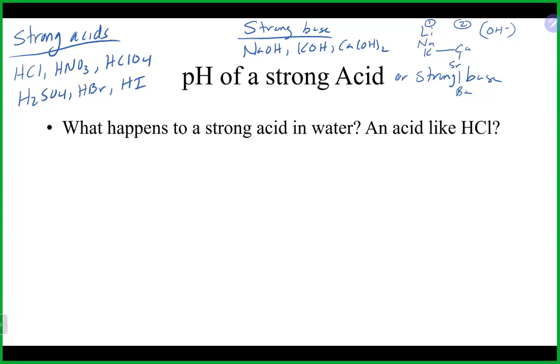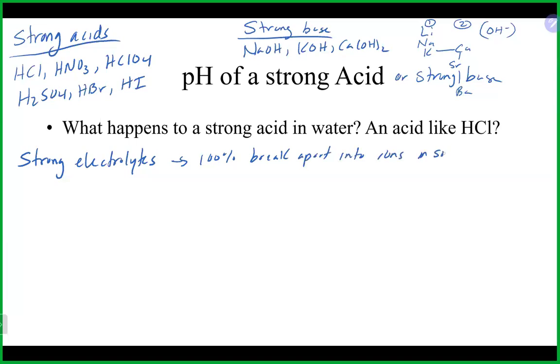Now, what does a strong acid or strong base have to do with the pH? Well, they are strong acids and strong bases because they really are strong electrolytes. And if you remember, strong electrolytes 100% break apart into ions in solution. And that's important.